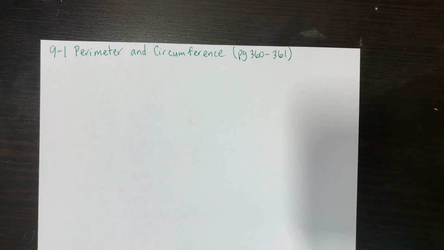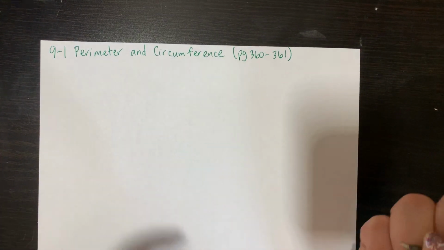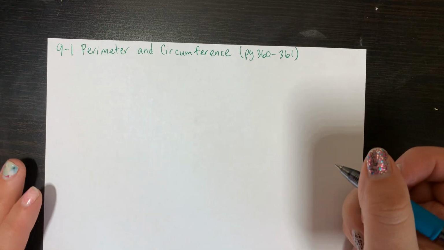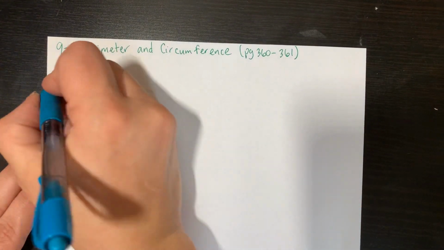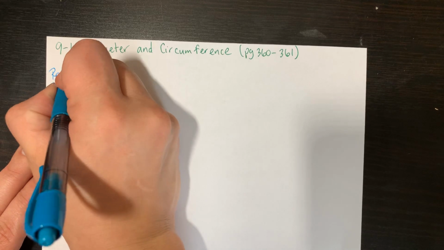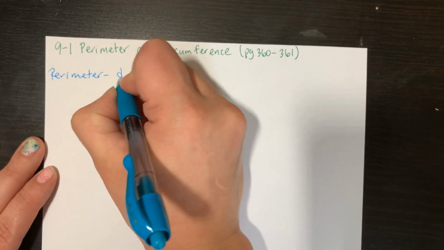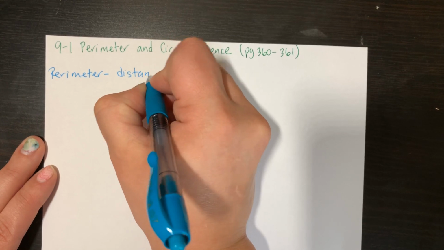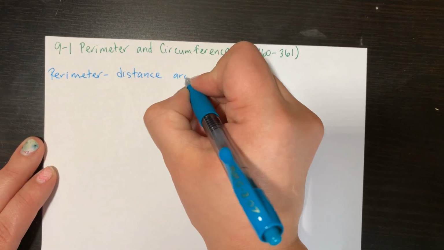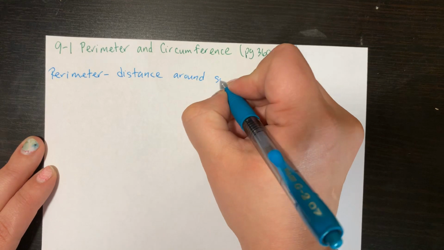First thing, perimeter is the distance around something, whatever it is. It's just the outside of something. So perimeter, I'm just going to write here so you know and can see it, is the distance around something.